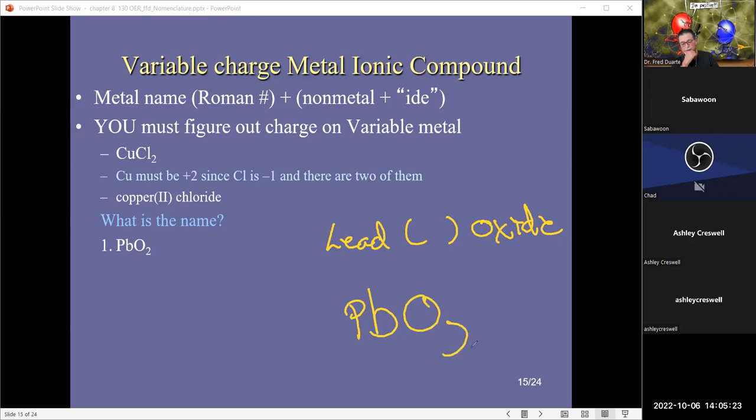The total charge is going to equal 0. Each oxygen is a -2, and I got 2 of them. That means I got a -4. And so lead minus 4 equals 0. That tells me that lead must be a +4 in this combination. So that name becomes lead Roman numeral 4, IV.